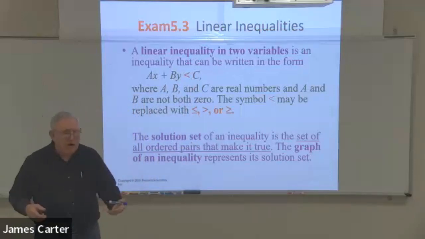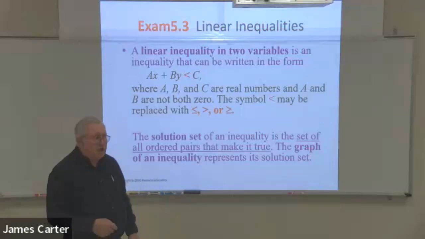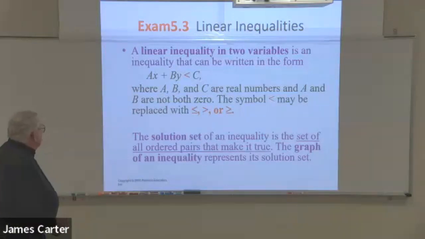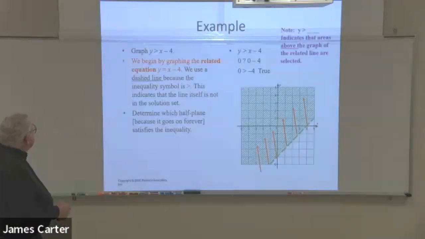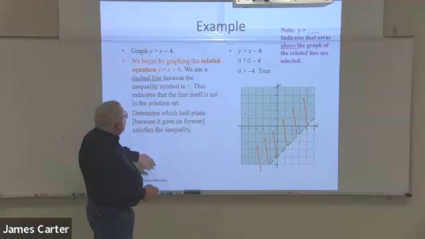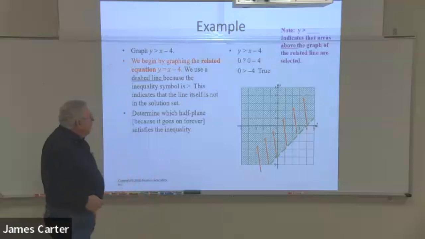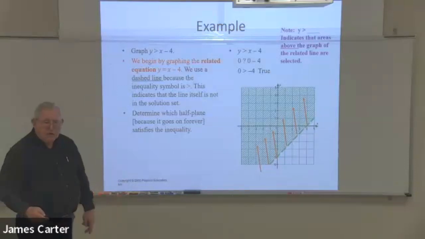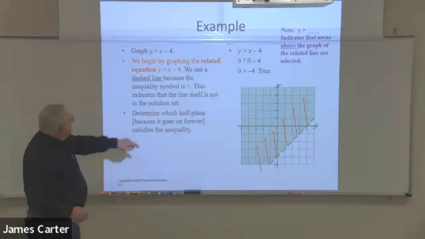The process of graphing these is just like it would be if we had the equal sign there. Now, here's an example. I'm given this equation. This is a line. Now, they're going to do it the hard way and find the intercepts and graph them, draw the line, but you don't have to do it the hard way.